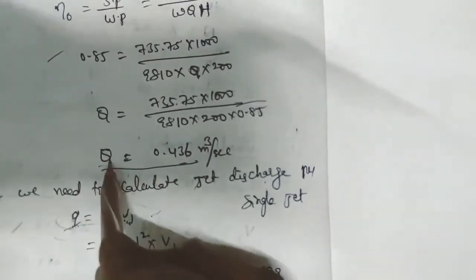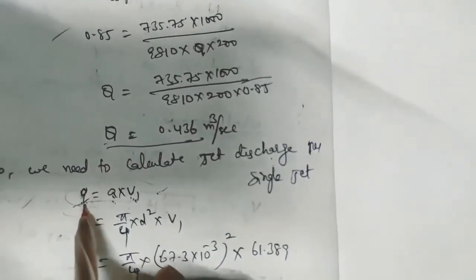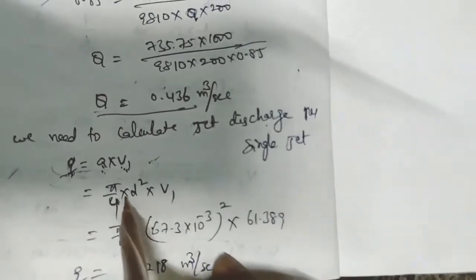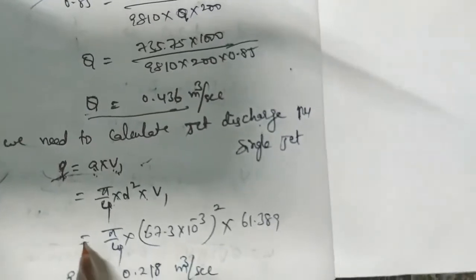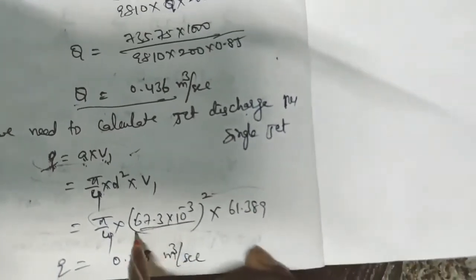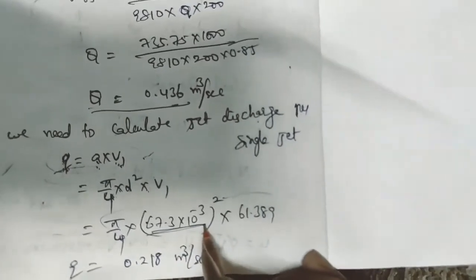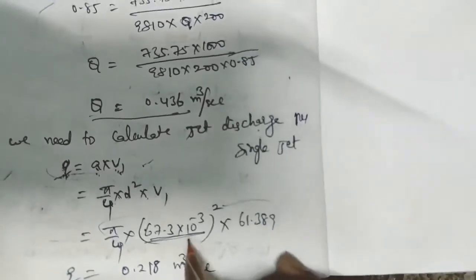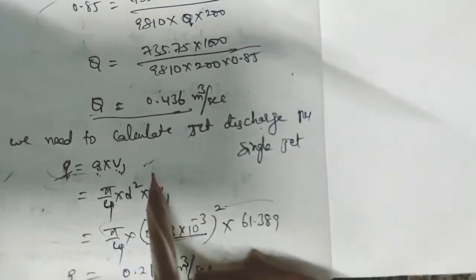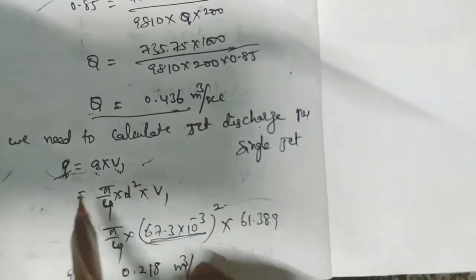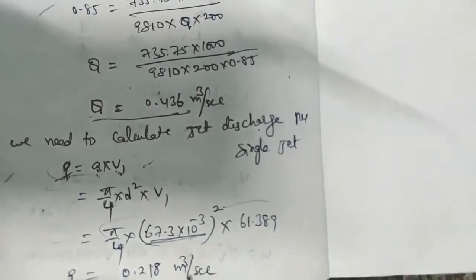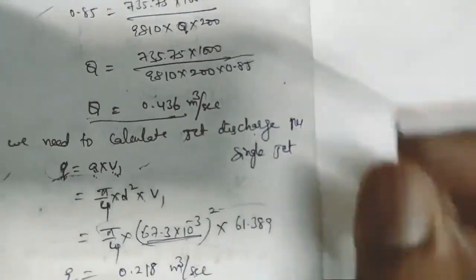Total discharge is capital Q, discharge per single jet or nozzle is small q. So pi by 4 into d square into V1, we substitute these values. Here we are substituting the diameter of jet in meters, not mm. Whatever is given in the problem, we convert all to a single unit, that is MKS or SI unit. So small q in meter cube per second.